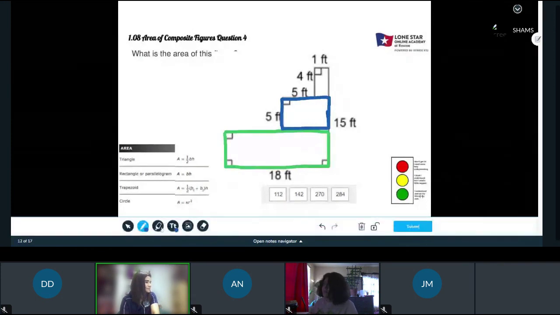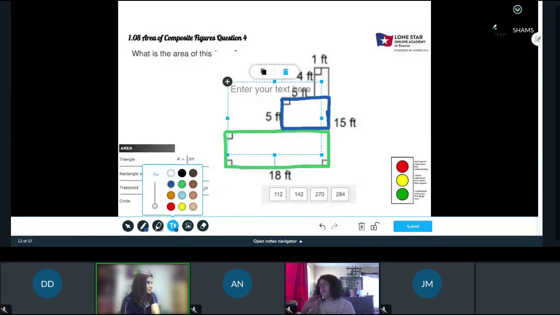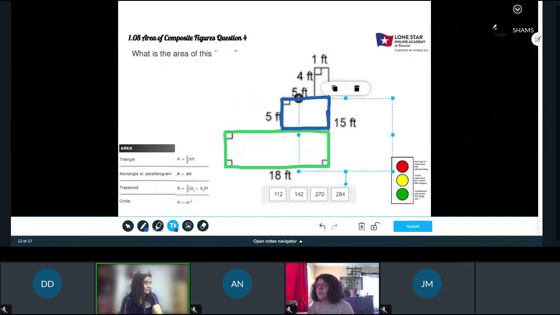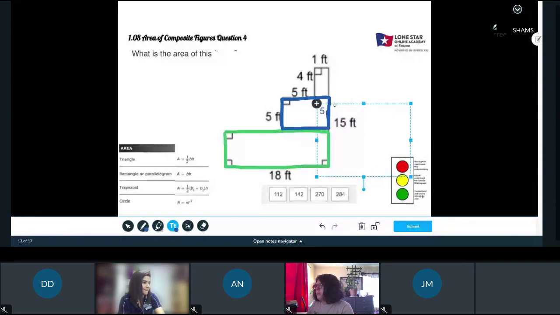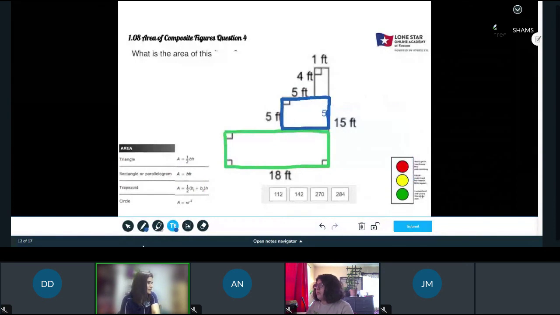I also know that this part is 5, so I'm going to type in a 5. Then we have one leftover rectangle at the top.